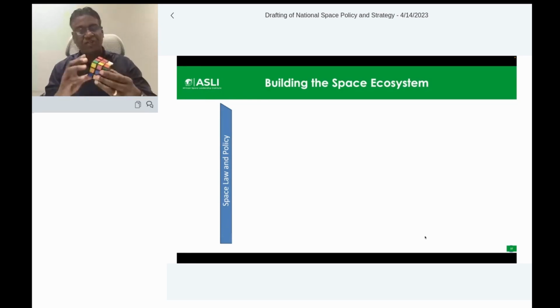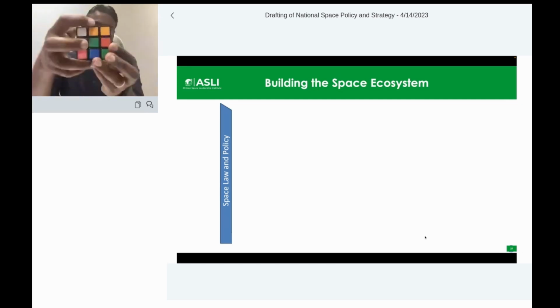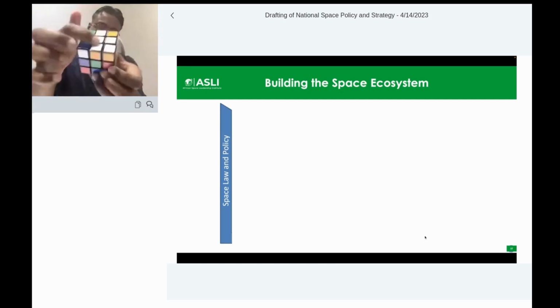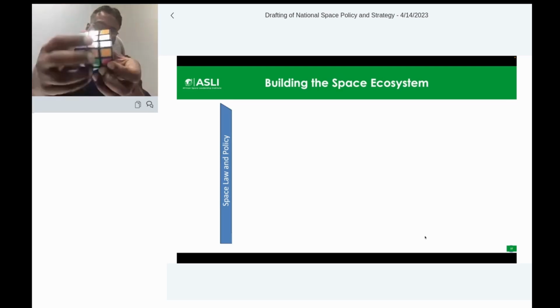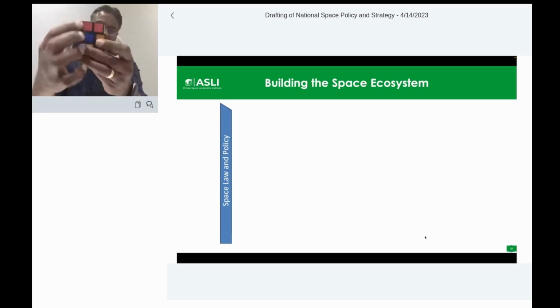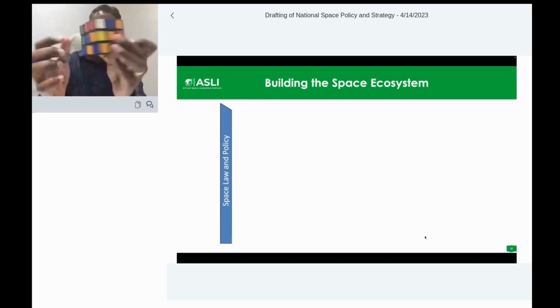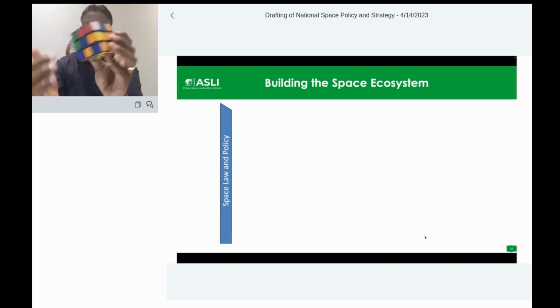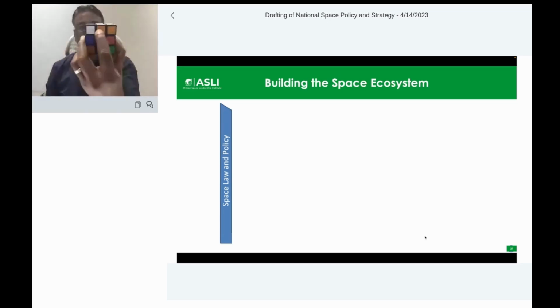We'll do that very quickly. So this is just a little bit of fun. So if you look here, there's the orange. There's a white cross, you can see that. There's the orange bit, there's a green bit, there's the red, and there's the blue. The green is opposite the blue, the red is opposite the orange.